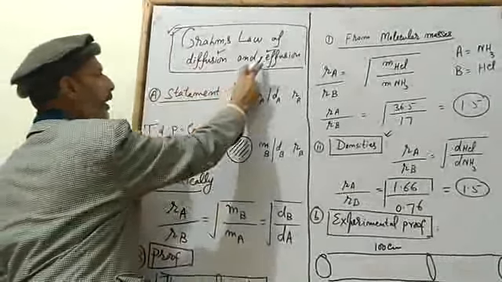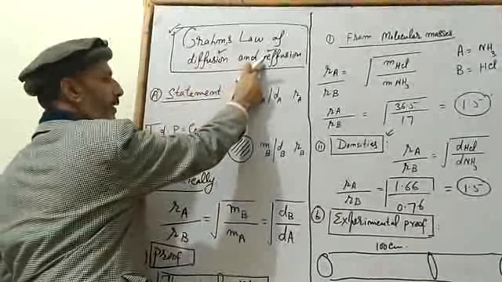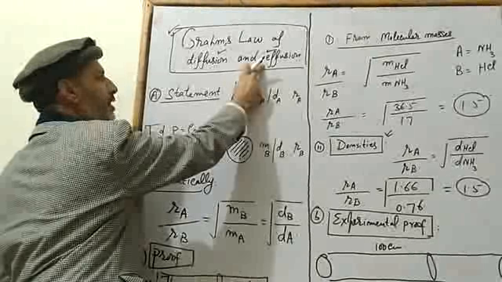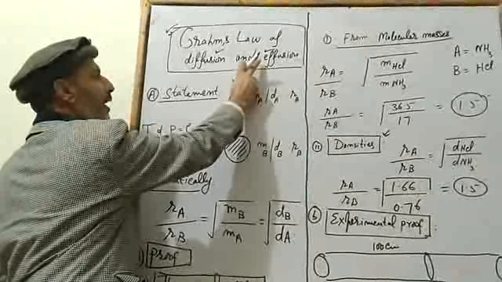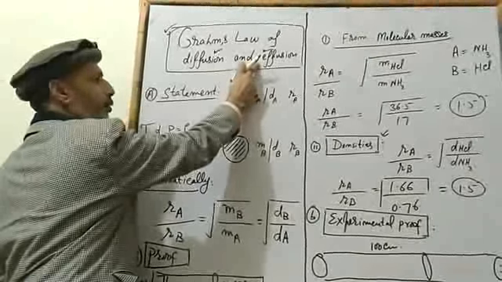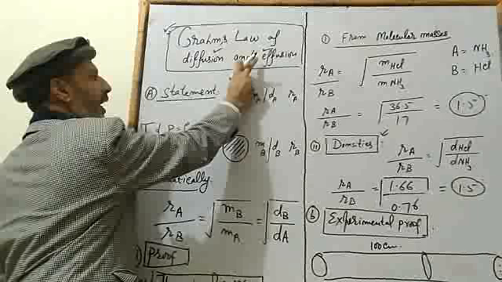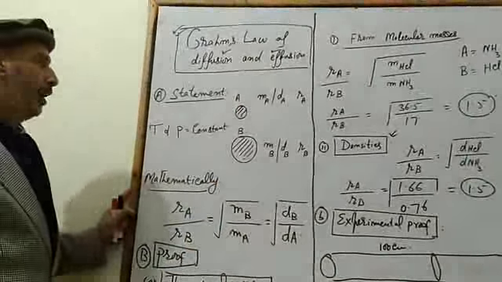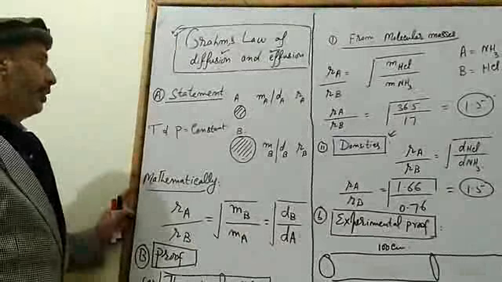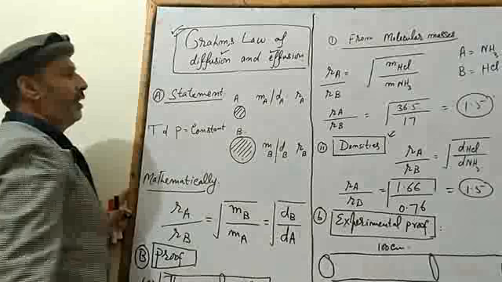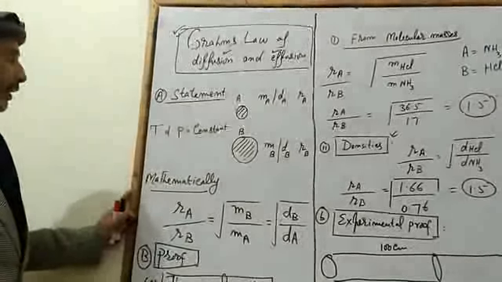While effusion is the leaking of a gas from a container through a small hole of molecular dimension, one by one, without collision, and it always takes place from a high pressure region to a low pressure region. So this is what we call diffusion and effusion of gases.